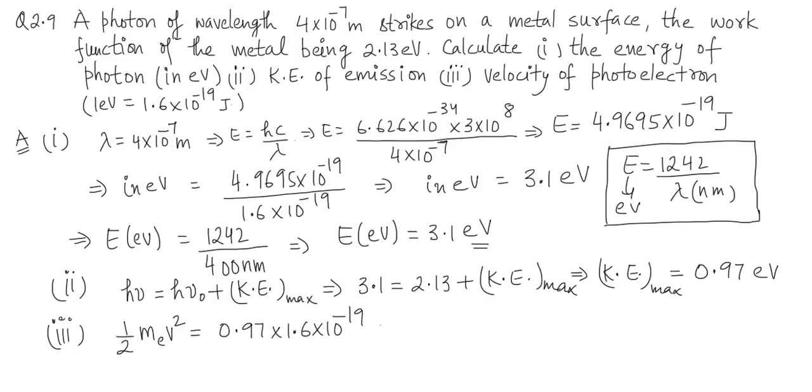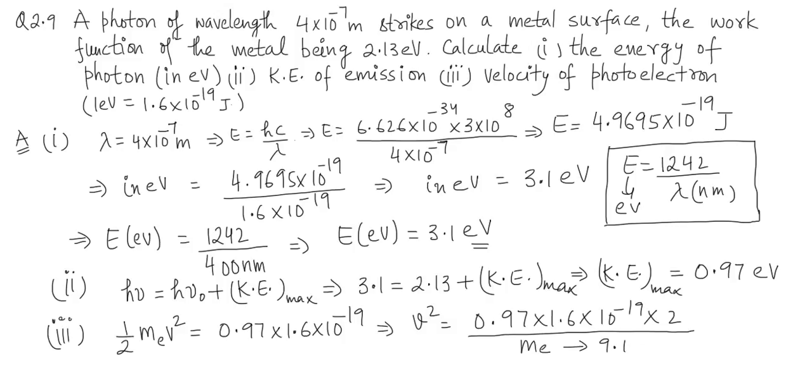मास ऑफ इलेक्ट्रॉन आपको पता ही है, so velocity square is 0.97 into 1.6 into 10 की पावर माइनस 19 क्रॉस मल्टीप्लाई 2, and you have to divide it by mass of electron, right? मास ऑफ इलेक्ट्रॉन की वैल्यू आप रखेंगे 9.1 into 10 to the power minus 31 kilograms. Okay, so you just have to solve it.